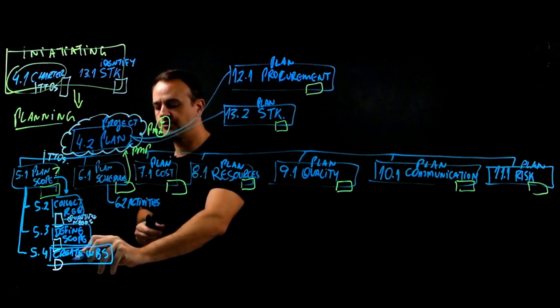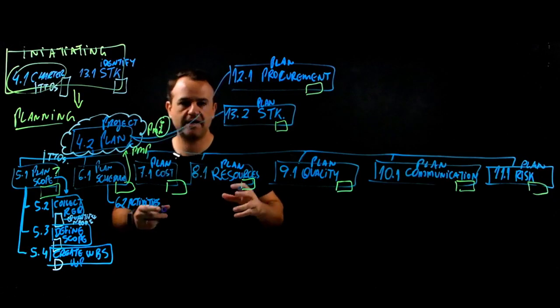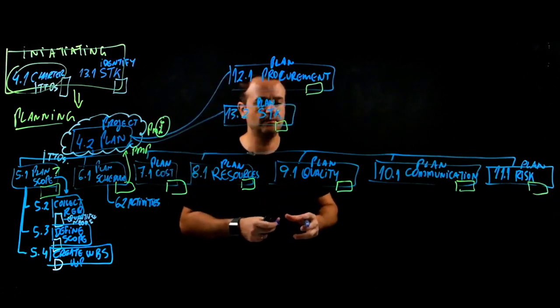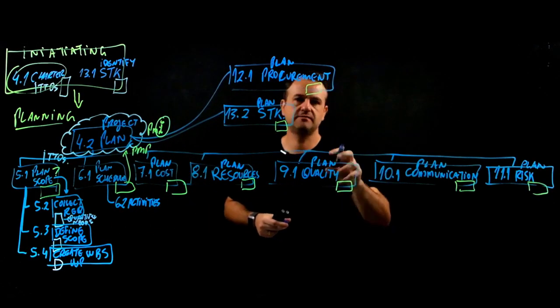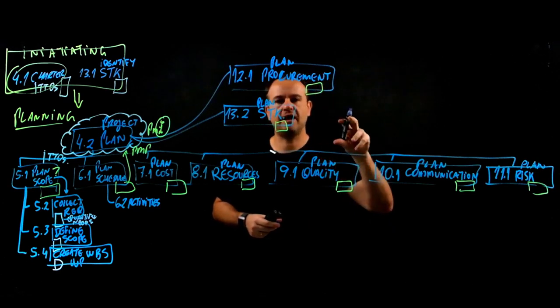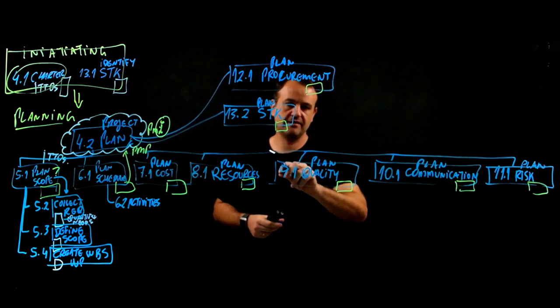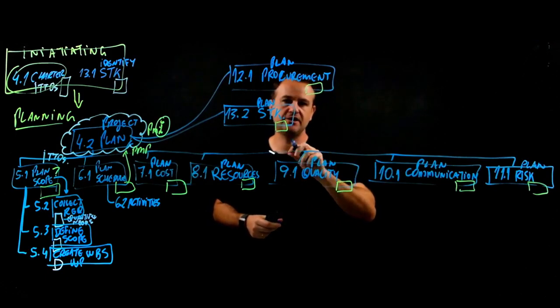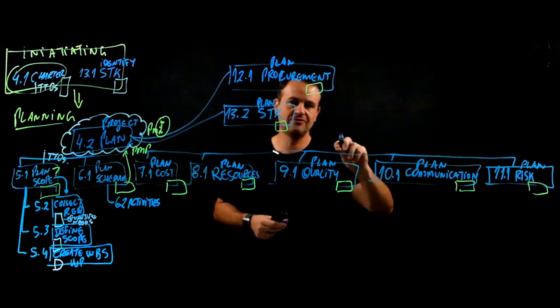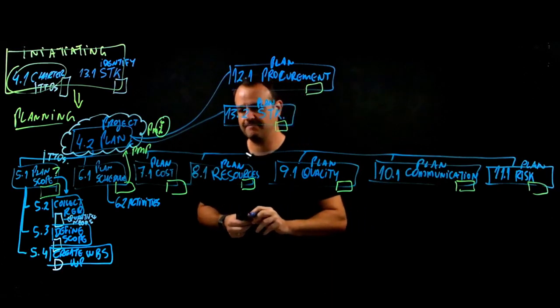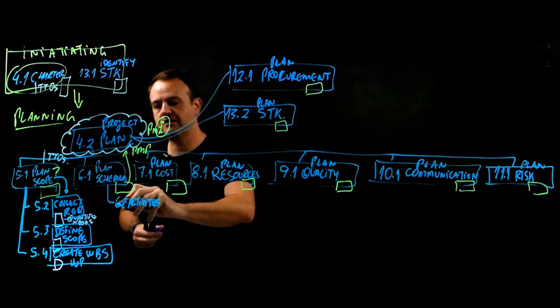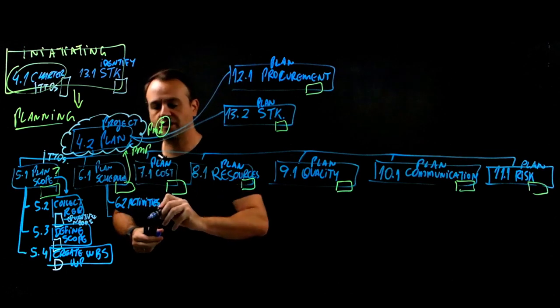Tasks are related to the work package in the WBS. So I have a work package, for example, I need a report. So the work package is final report, and then I have the activities. I'm going to get the information, analyze the information, create a draft, get the approval, and then the report is ready, okay? So activities are related to work packages.